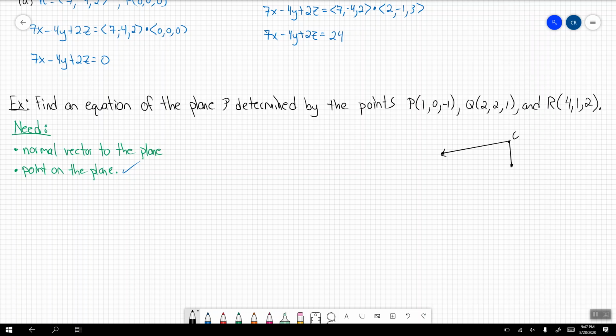Let's say I center them at point Q. It's not necessary to center them at point Q, or in other words, to have a vertex at point Q. It doesn't matter where the vertex is, as long as it's one of the points. So say that I had 2 vectors that I was able to extract from these 3 points, which we can.